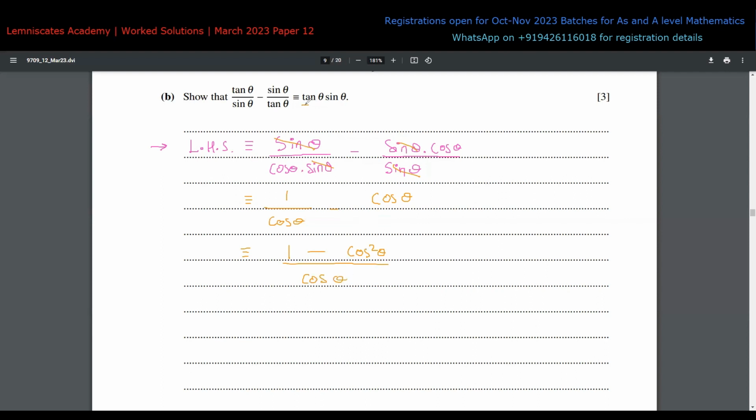Now, because we want the answer in the format of tan and sine, how about if I convert this into that format itself, right? First of all, because there are two terms over here, I would like to get rid of this one. I don't want one minus something. I just want one simple term.